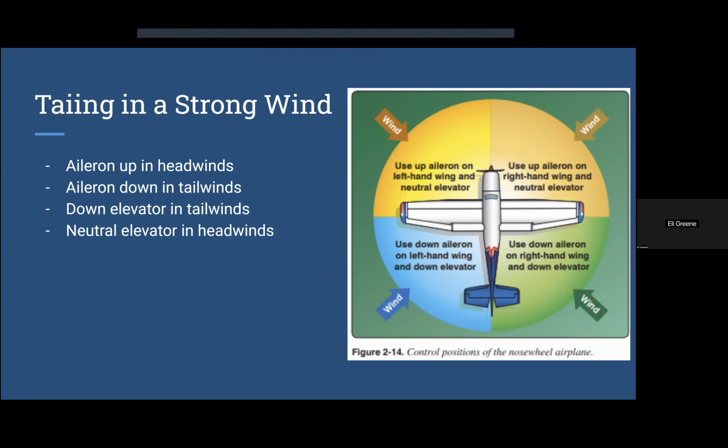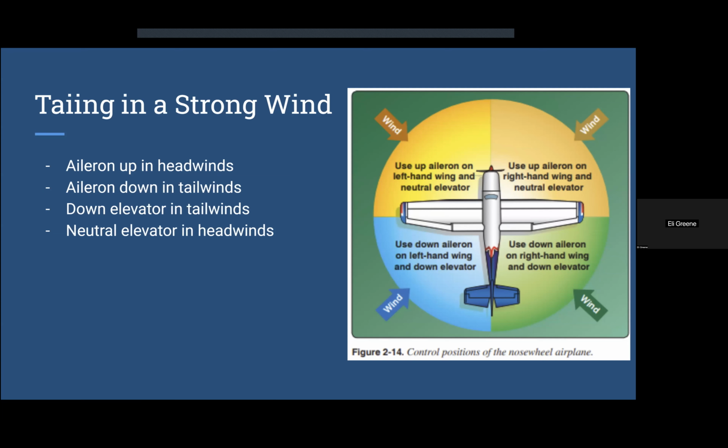And the opposite of that, if the wind is coming from in front of you and to the right, up aileron and neutral elevator, so that would be the yoke to the right, and then in the middle, or no yoke pressure.